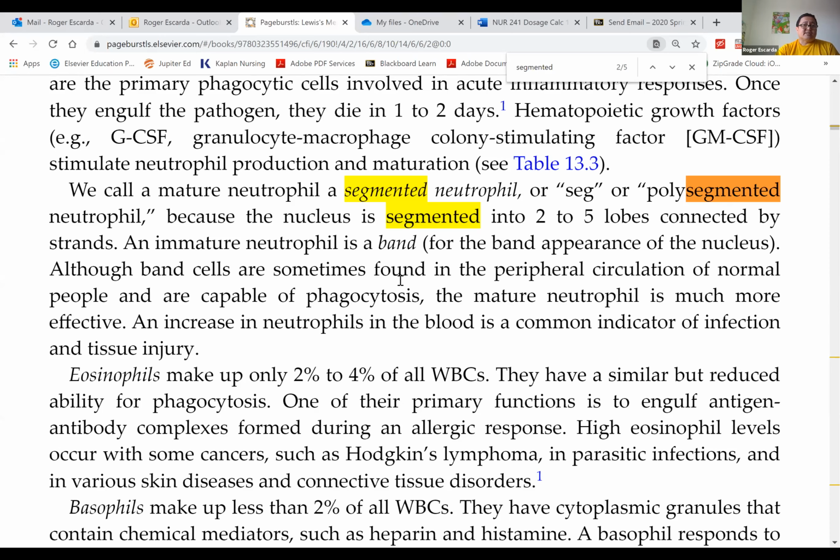However, since they are still neutrophils, they are still capable of phagocytosis. So you can say it's better than nothing.